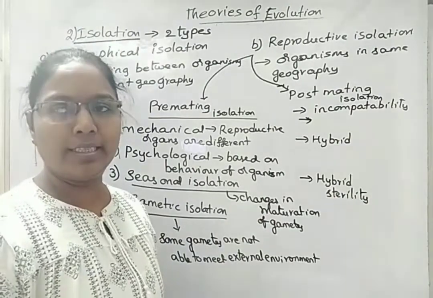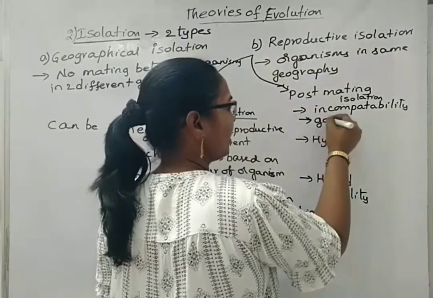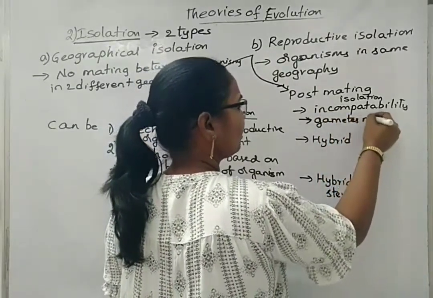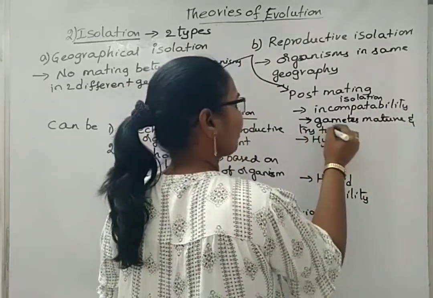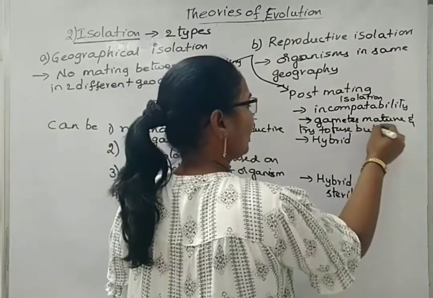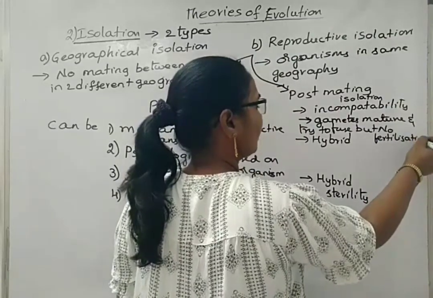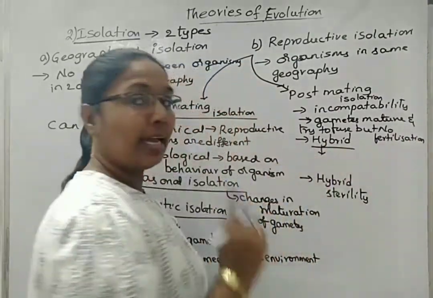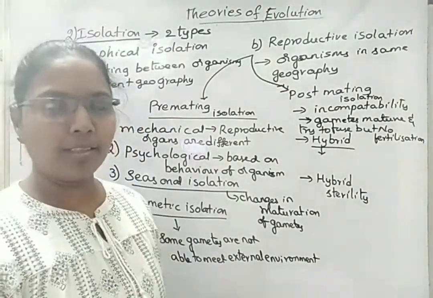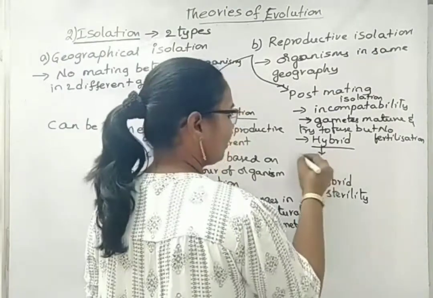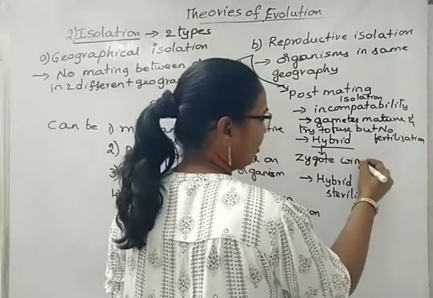That can be because of sterility or other genetic changes. In the case of hybrids, gametes will fuse and a zygote will form, but the zygote does not show further development and will not sustain.